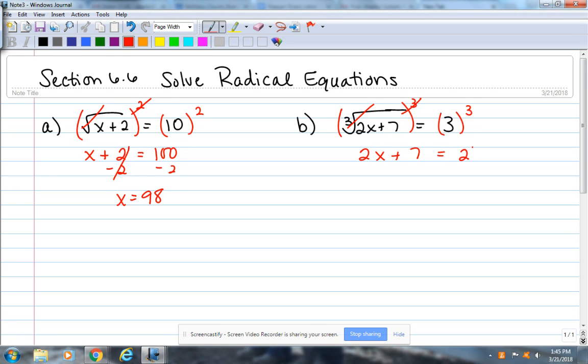Got it? All right. And then how do we get x by itself? Subtract 7 on each side. So 2x equals 20. Divide by 2. And x equals what? 10. So if you want to get rid of a cube root, you raise everything to the third power.